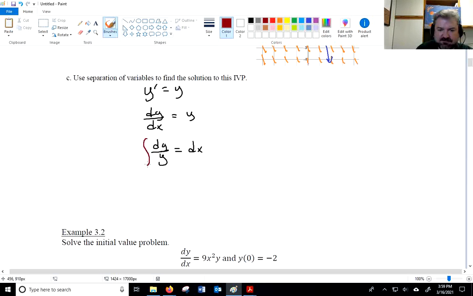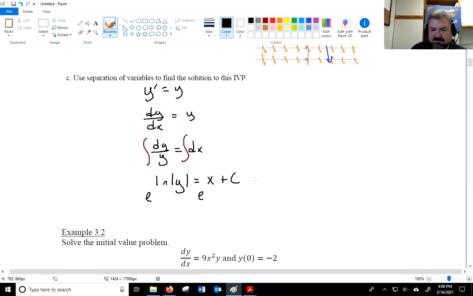I'll then integrate both sides. And the integral of dy over y is the natural log of the absolute value of y. And the integral of dx is simply x plus a constant c. Now I'm going to exponentiate both sides to solve for y. And I'm going to do that before I plug in the y of 0 value, because I want you to see how this works.